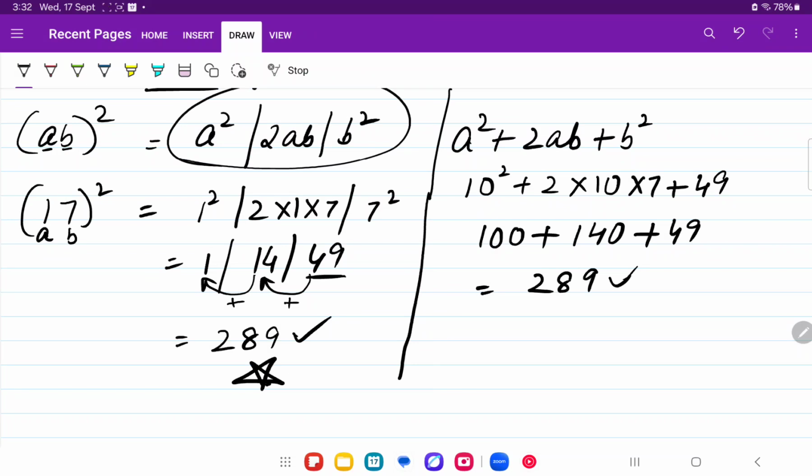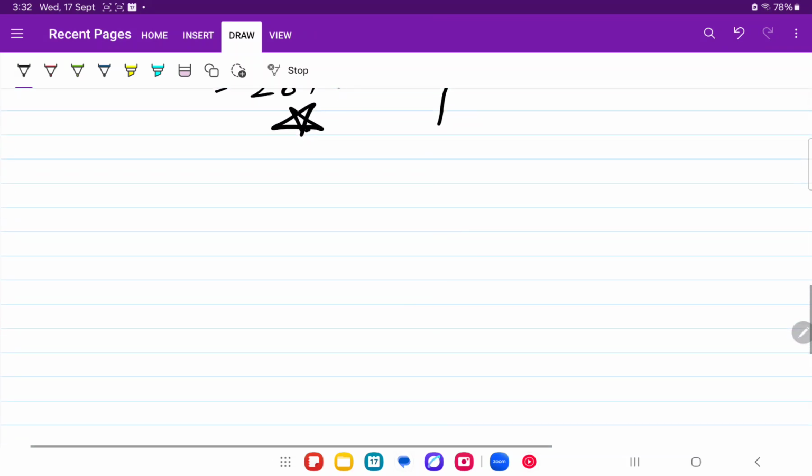Those who are in the 8th grade or 9th grade already know that this is a formula which we use for a plus b whole square. Got it? Yes, right. It's a plus b whole square is a square plus 2ab plus b square. So we are using nothing but the algebraic formula here to solve the square numbers. Got it? So let's take a few more examples.